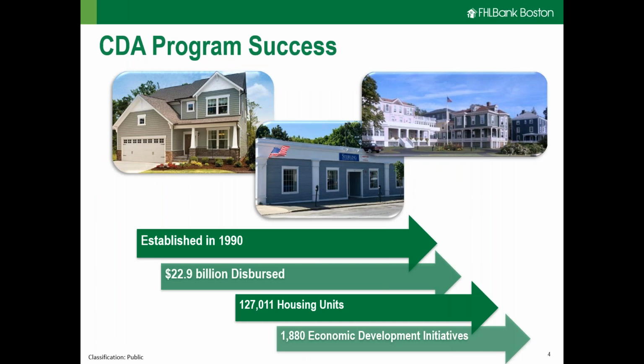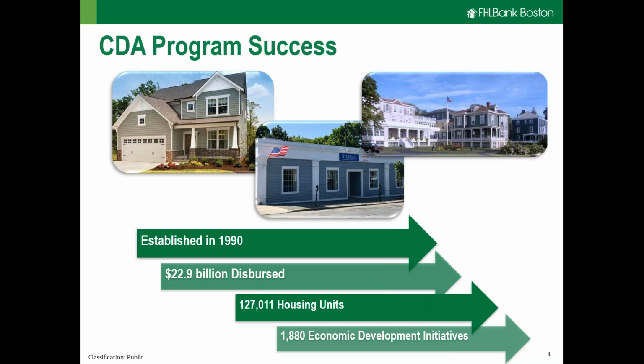Just to give you some flavor of how the program has performed, it's been in existence since 1990, and it has served to provide more than 17 billion in CDA funding dispersed across the 6 New England states, and it also reaches outside of New England.